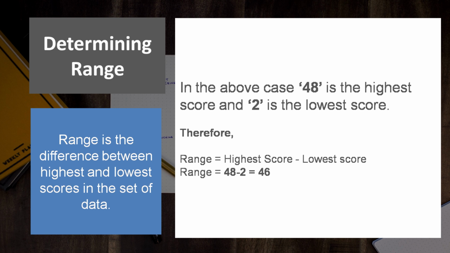First of all, you have to determine, you have to calculate the range of the score. You have to observe the score of the group, find out the highest score and the lowest score, and take the difference, highest score minus lowest score. So here 48 minus 2, that is 46, is the range.